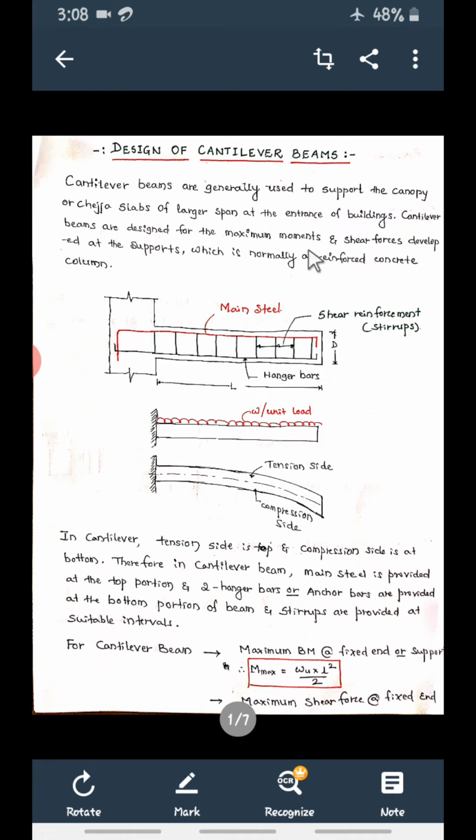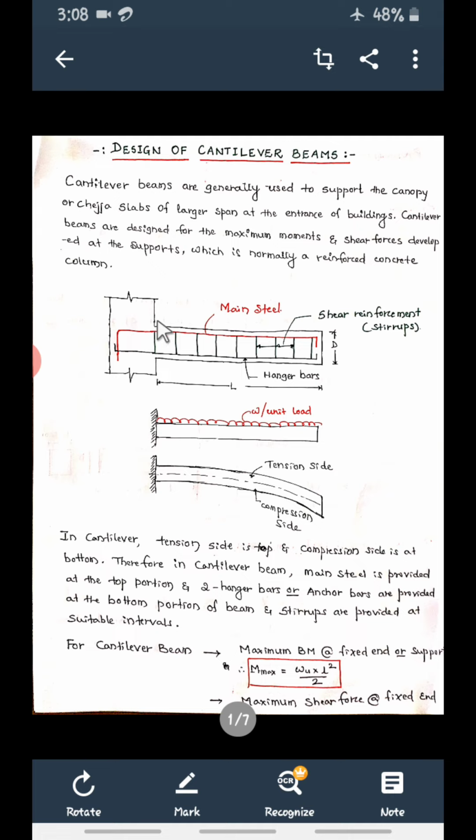Now, cantilever beams are designed for the maximum moment and shear forces developed at the supports. This is important, this point we have to remember. In a simply supported beam, the maximum bending moment will be at the center and the maximum shear force will be at the supports. But in cantilever beams, the maximum bending moment will be at the fixed end.